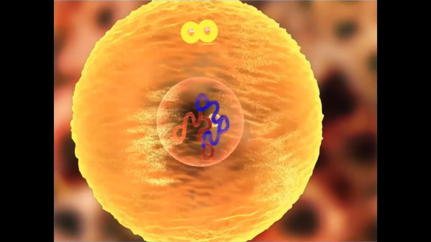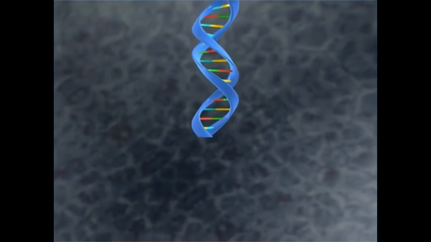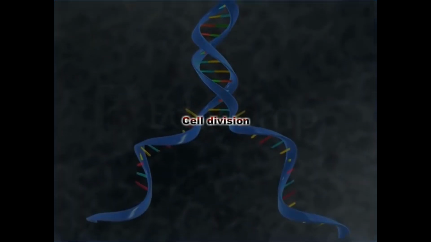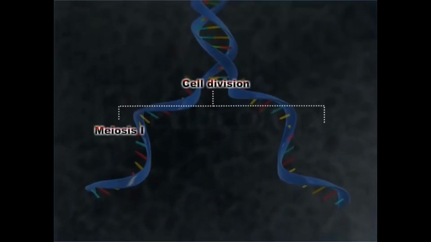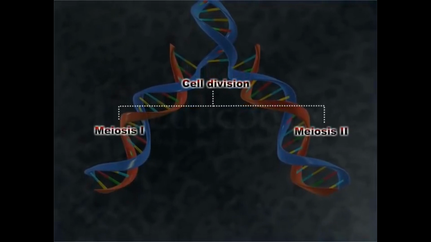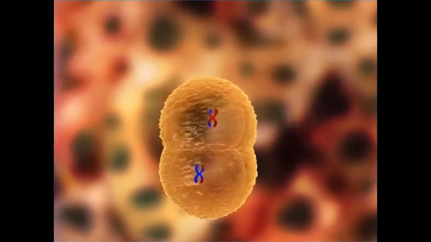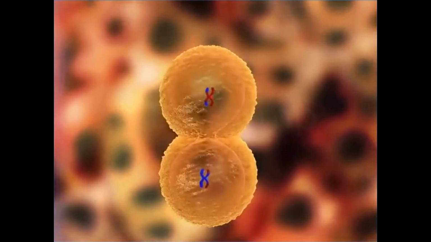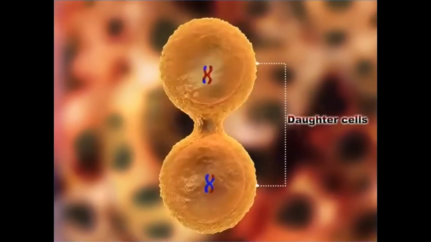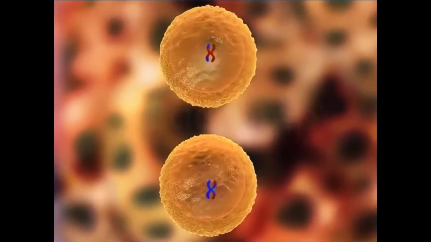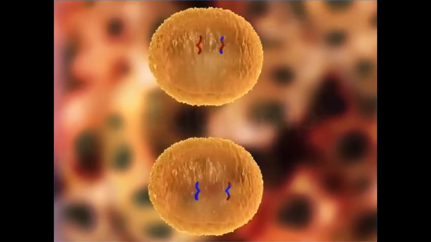Meiosis involves a single round of DNA replication followed by 2 cell divisions, meiosis 1 and meiosis 2. The entire process of meiosis results in the formation of 4 haploid daughter cells with half the chromosome number as that present in the diploid parent cell.